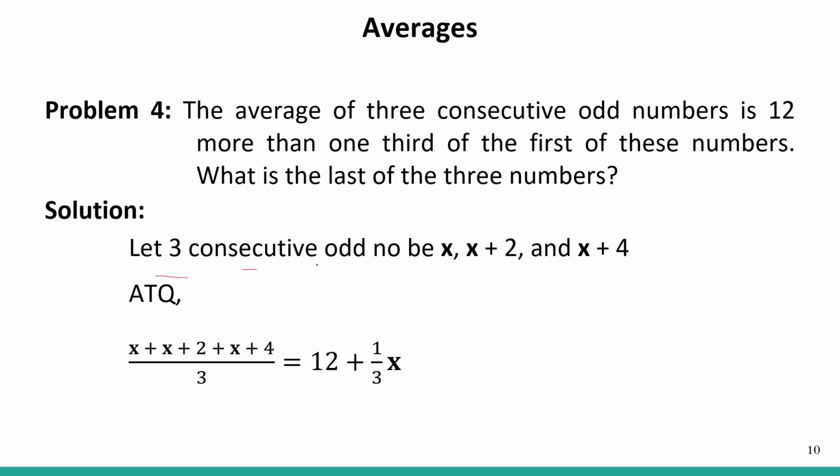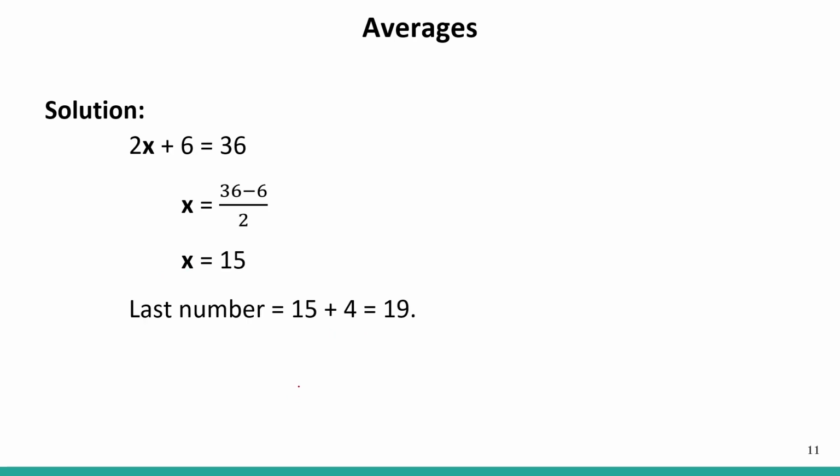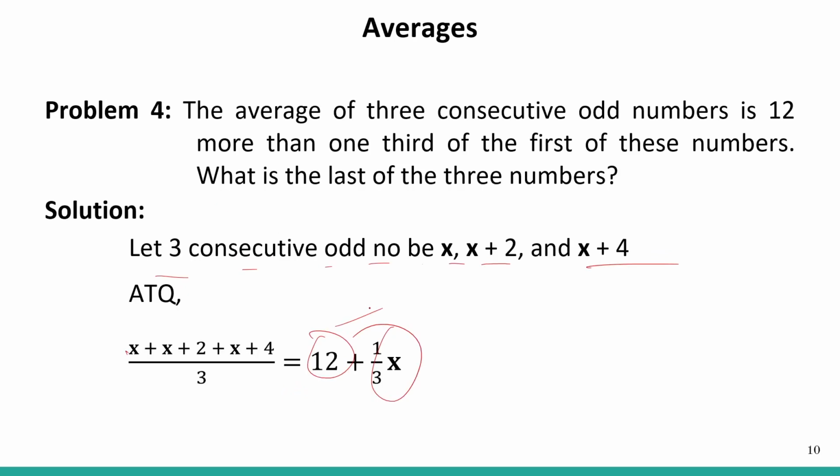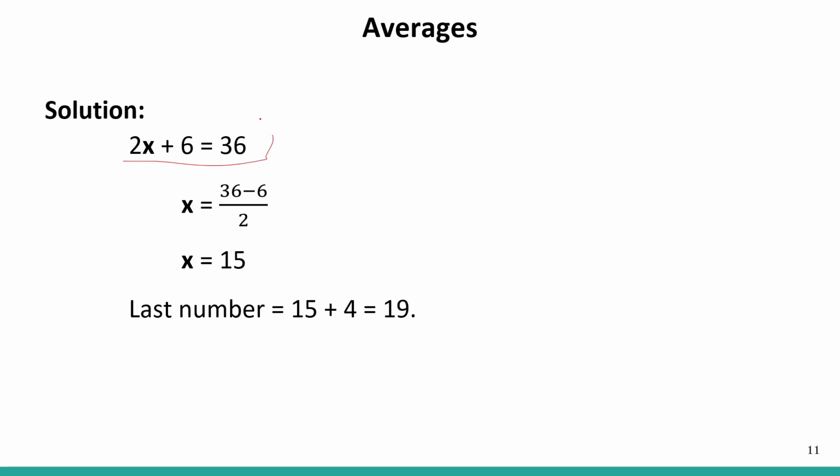The 3 consecutive odd numbers are x, x plus 2, x plus 4, because the difference between 2 odd numbers is 2. According to the question, the sum of these odd numbers gives an average of 12 plus 1/3 of x, that is, 12 more than 1/3 of the first odd number. So from here we can algebraically evaluate that 2x plus 6 is equal to 36.